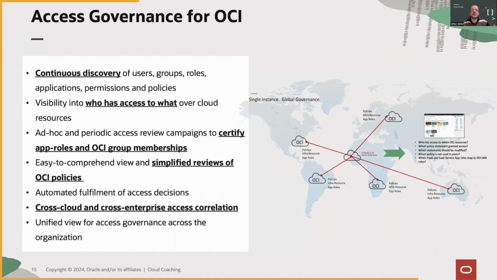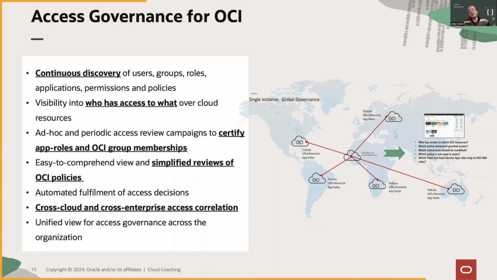So let's talk about Oracle Access Governance for OCI. Similarly to what Sandeep has shown, we will go through the specifics on OCI. Oracle Access Governance can perform continuous discovery of access details on OCI, like users, groups, app roles, permissions, policies, and other details on access grants in the OCI environment.